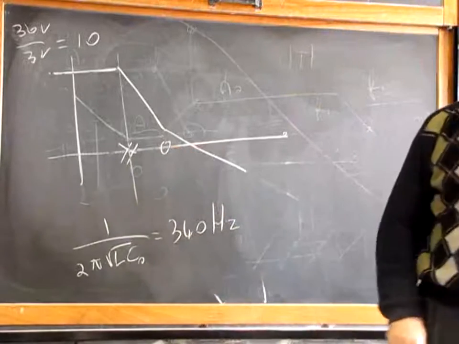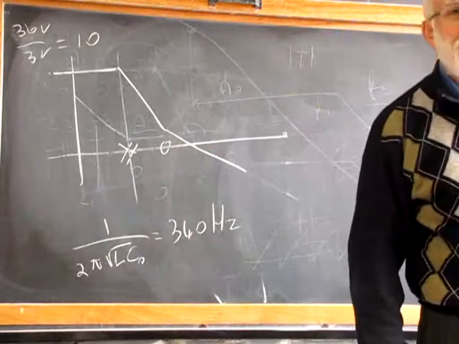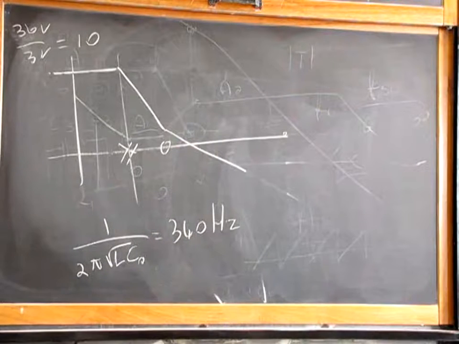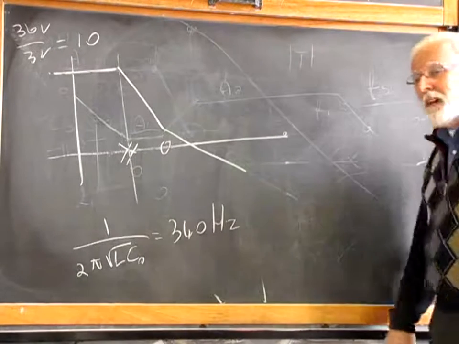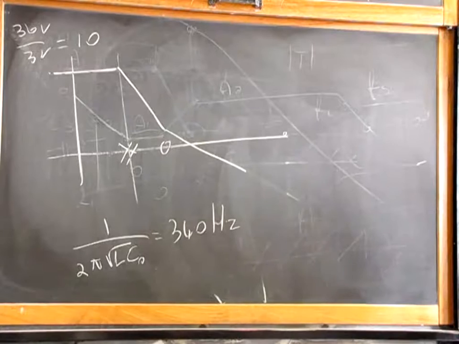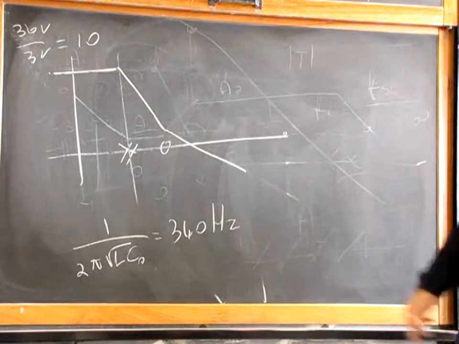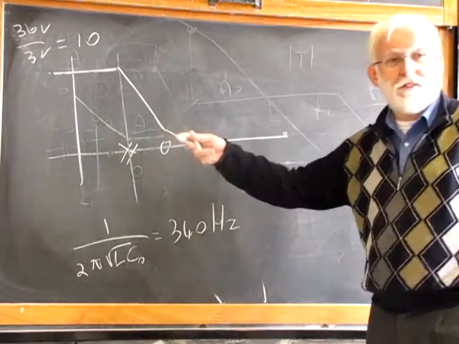Zero frequency. The zero frequency is the zero of your capacitor. If you pick a capacitor that has a zero frequency at 3 kilohertz or 5 kilohertz, this will be 3 kilohertz, 5 kilohertz, whatever it is.